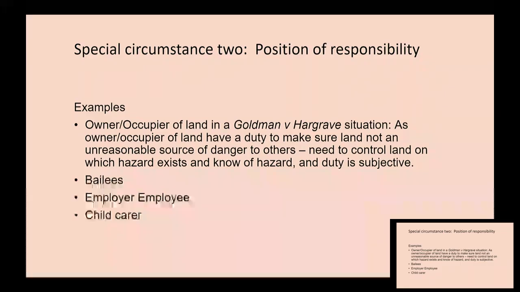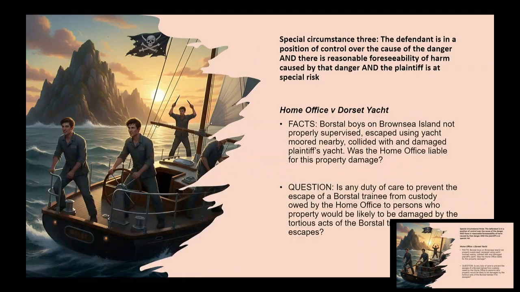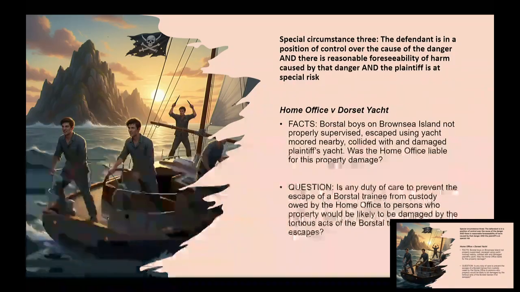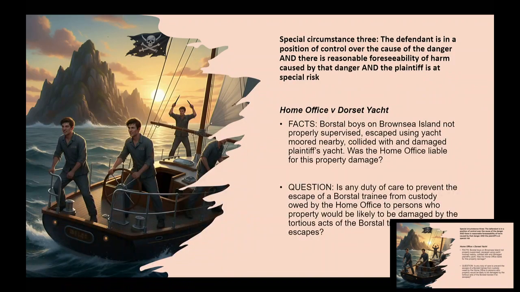But the third special circumstance we're going to look at is often triggered when the immediate wrongdoer is a third party, but the defendant is sued for negligence. The defendant who is not the immediate wrongdoer, who hasn't caused the damage, is somehow held liable for the actions of that third party.